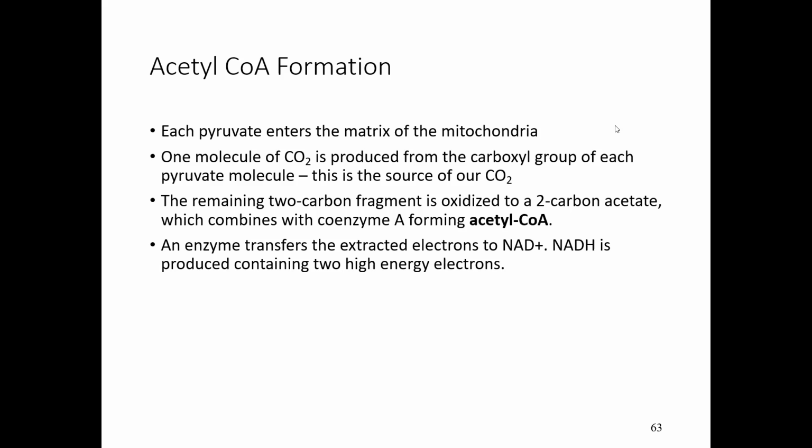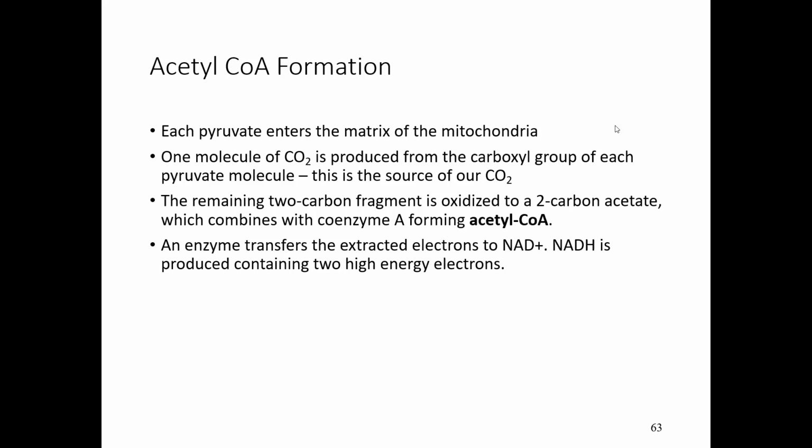So what do you need to remember about this? Well, carbon dioxide comes from the mitochondria. All of our carbon dioxide is generated from mitochondria. But we're only going to generate CO2 if we have oxygen available.